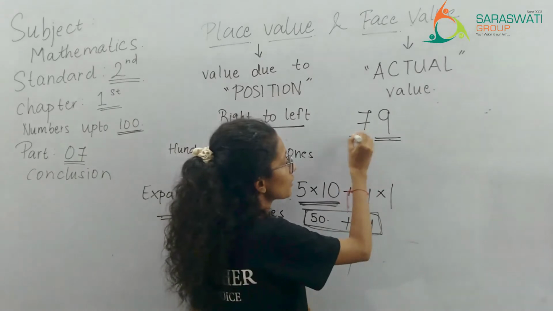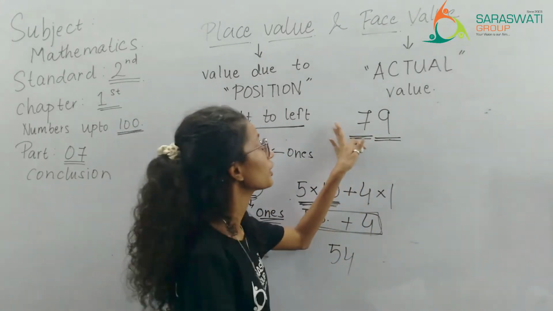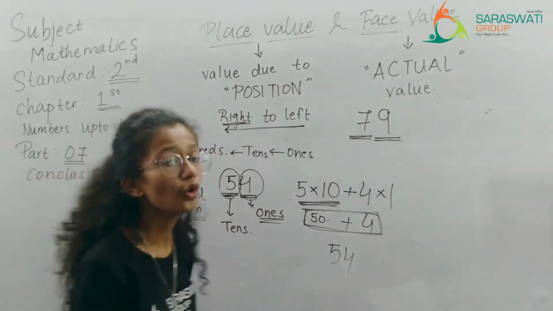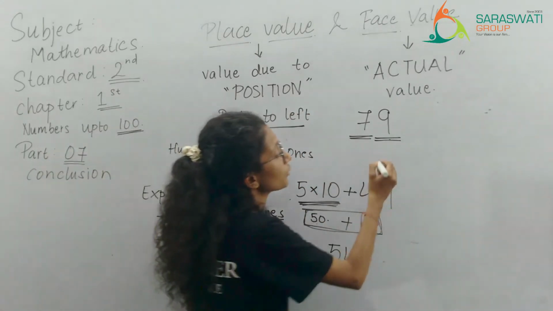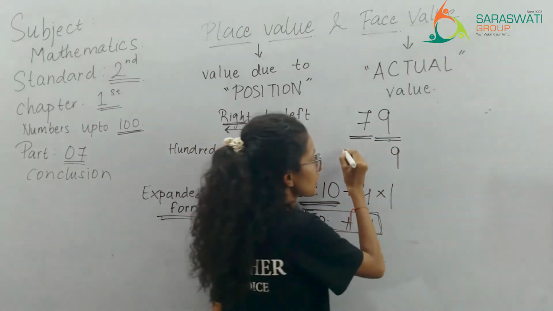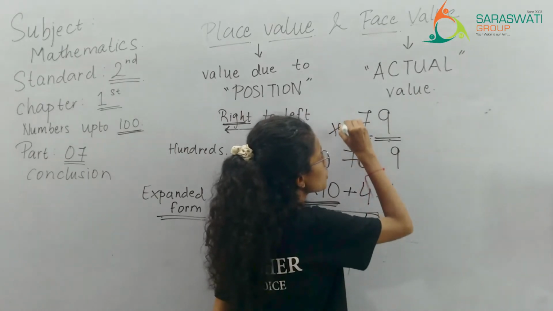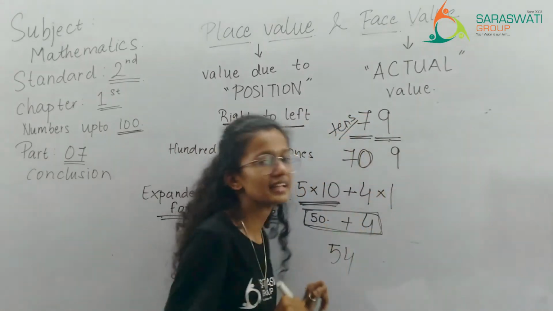The face value of 7 remains 7. But if I talk about the place value, then the place value of 9 remains 9. The place value of 7 becomes 70 because it is in the tens position.